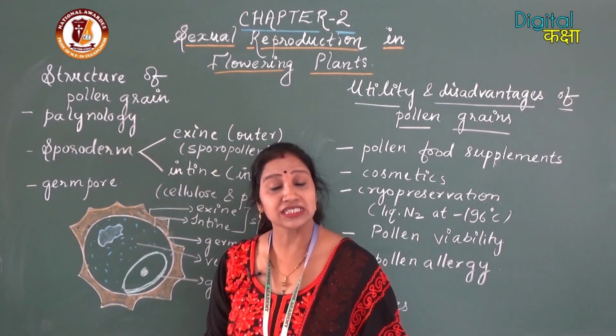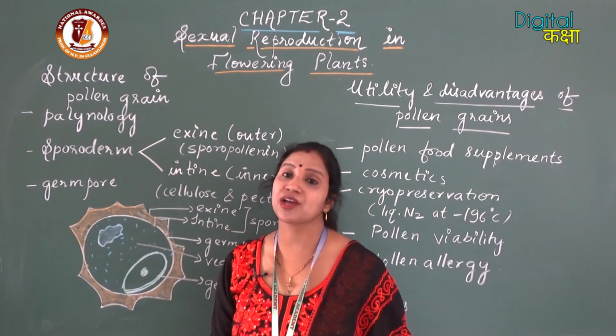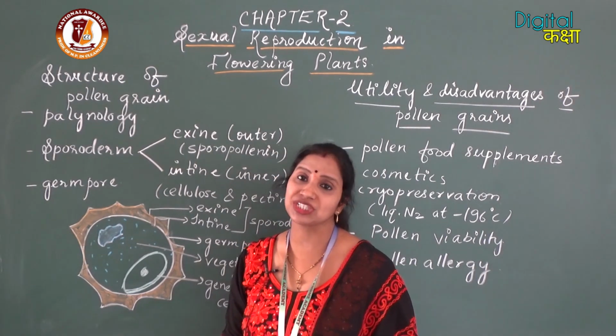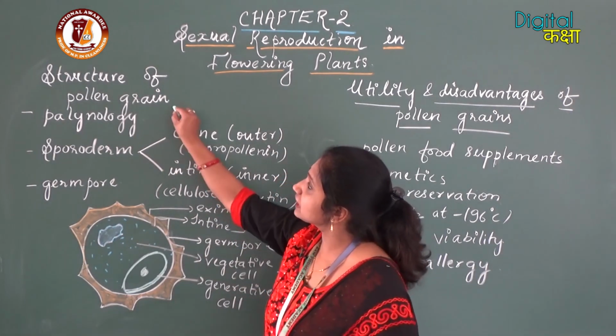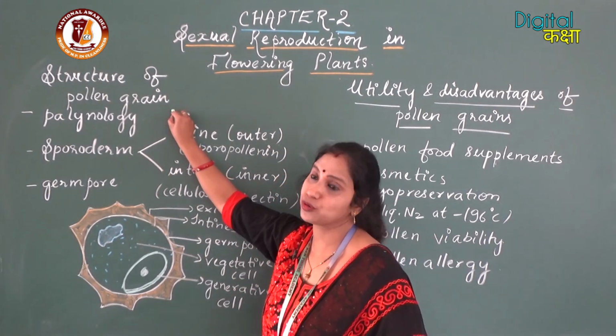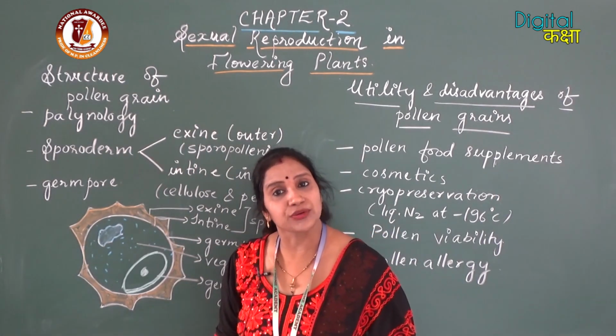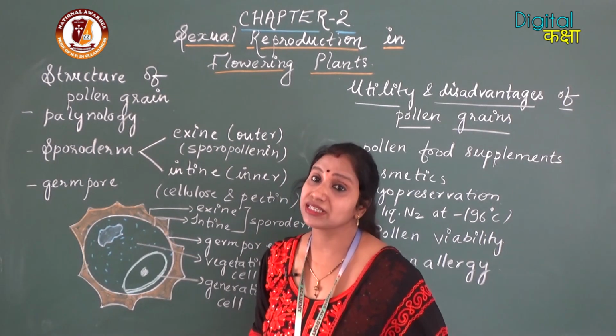We have studied how the pollen grains are formed by the process of microsporogenesis. Now, we will deal with the structure of the pollen grain. The complete study of the pollen grain is called palynology.